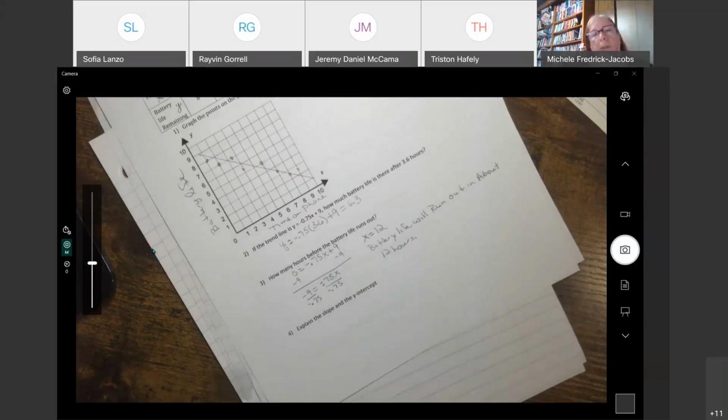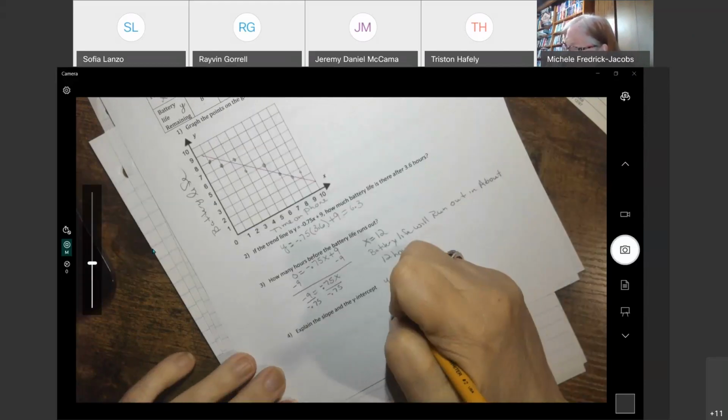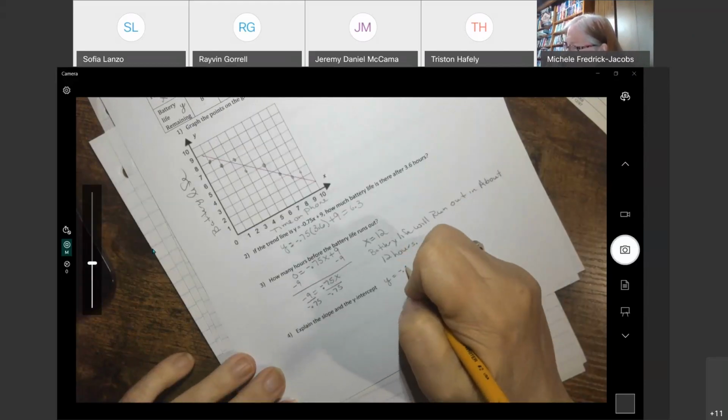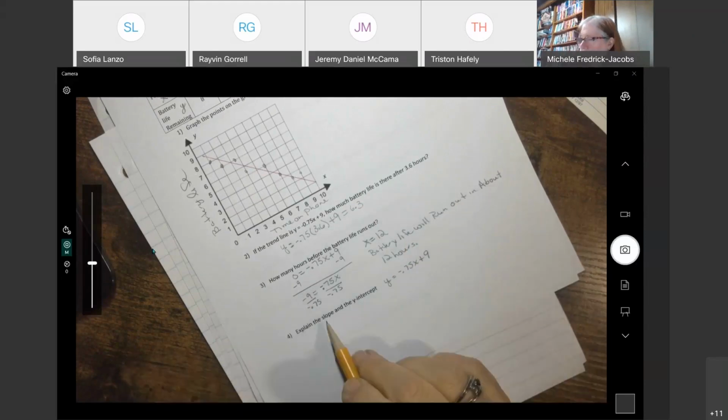Okay. Number 4, explain the slope and the y-intercept. Well, our equation is y equals negative 0.75x plus 9. So if we're going to explain the slope, which one of those values is the slope? Negative 0.75.